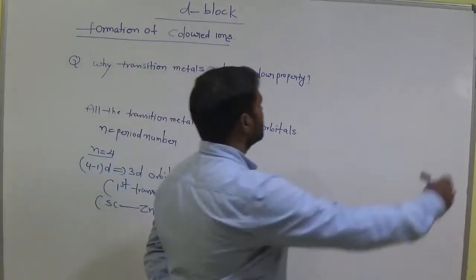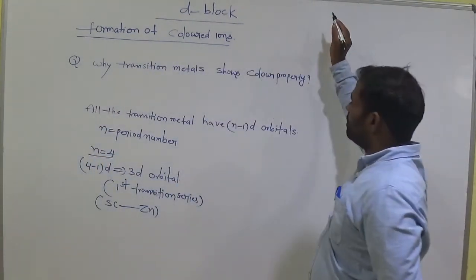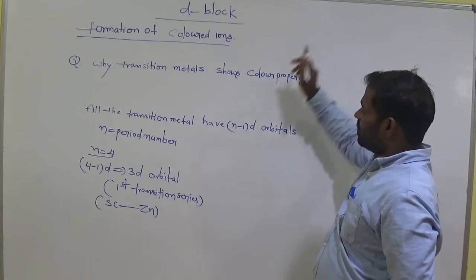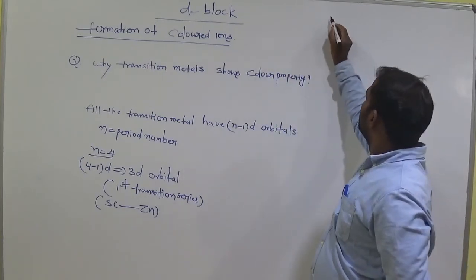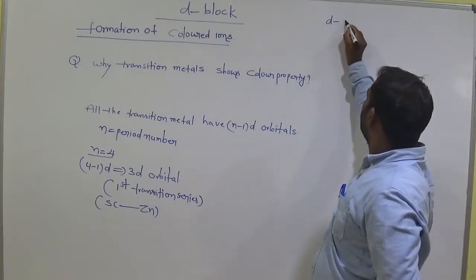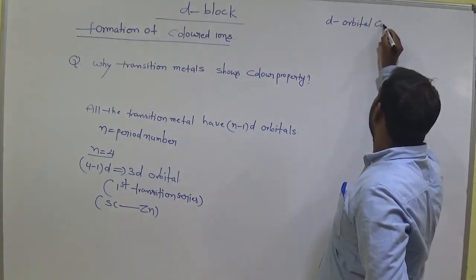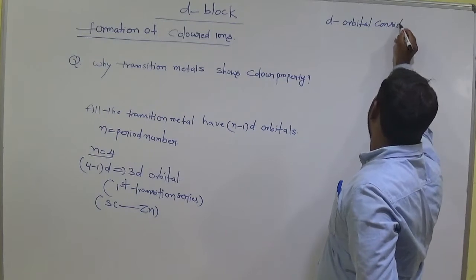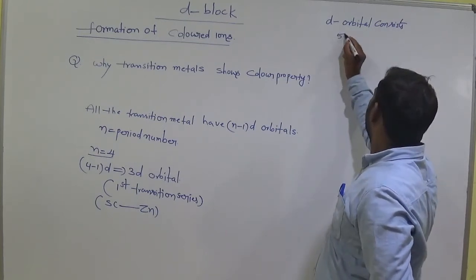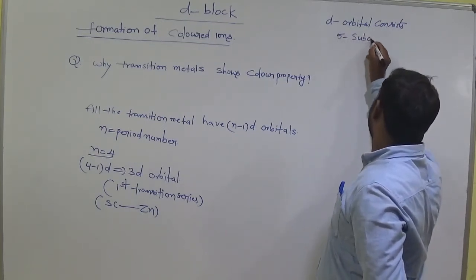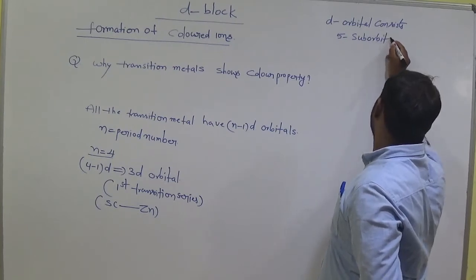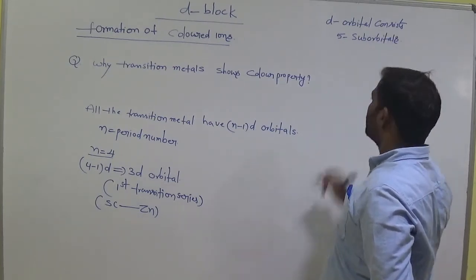Clear? So the d orbital consists of 5 suborbitals. Am I right?